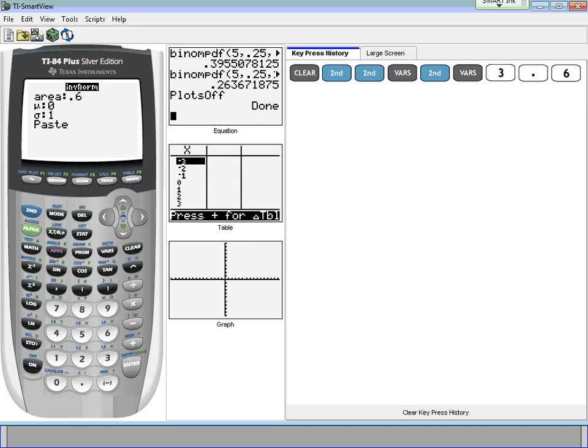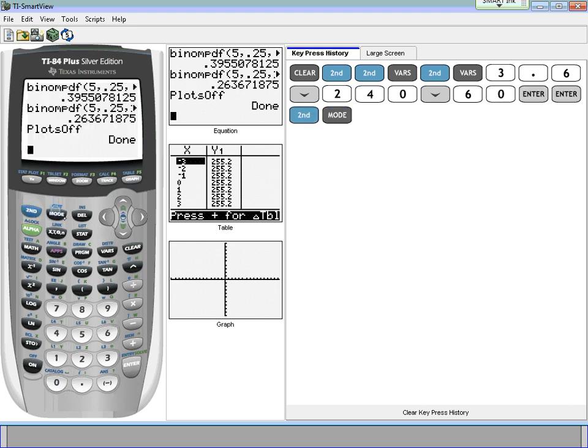Remember, the calculator, if no direction is given, gives less than or equal to. But that's what we were asking for, the probability of this value or less. If we wanted more, then we'd have to do 1 minus the area. And it said the mean was 240, and the standard deviation was 60.